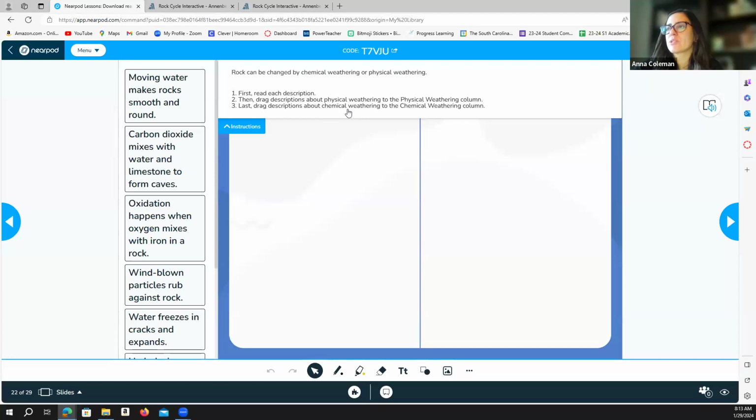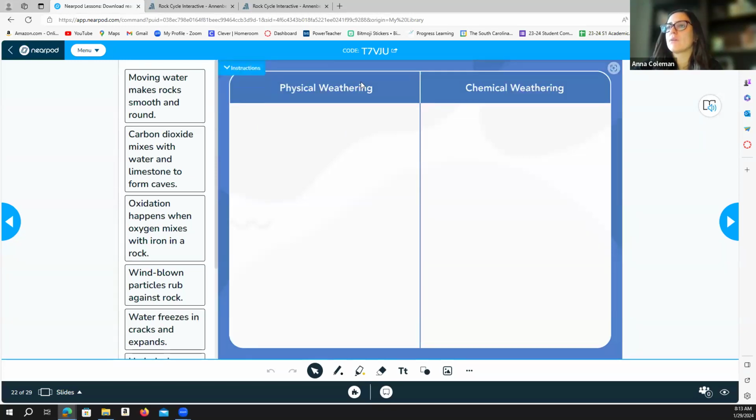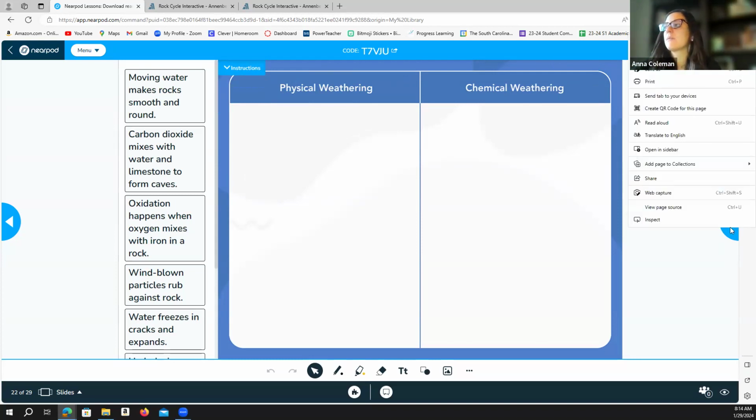Then drag descriptions about chemical weathering to the chemical weathering column. So if it's physical, drop it here. If it's chemical, drop it on the right side. If you need to pause, pause. But I want to move to the next slide. But again, now's the time to pause and complete this activity.